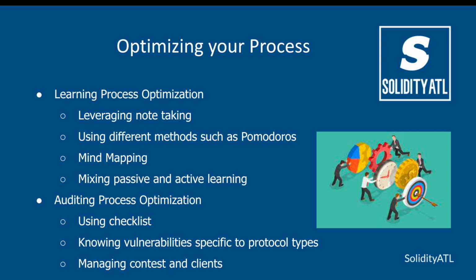You should also know the various vulnerabilities that could come up within multi-signature wallets. So these are things you should be doing in your auditing process whenever you are fine-tuning it, making sure you know these specific types of vulnerabilities for these protocols.